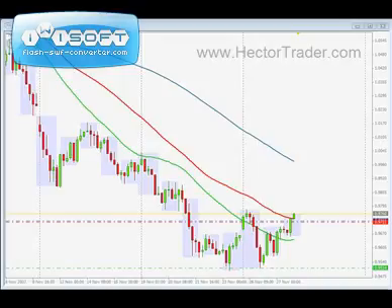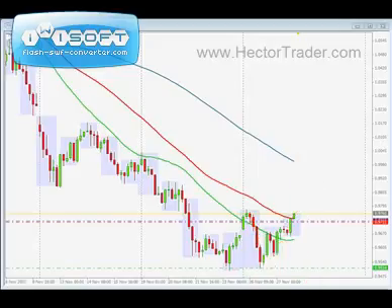I've noticed over the years that when we reach the previous swing low, the momentum tends to dry out a little bit. Sometimes we pull back a little bit and then continue in the direction of the main trend, or sometimes we simply keep on going against the trend.